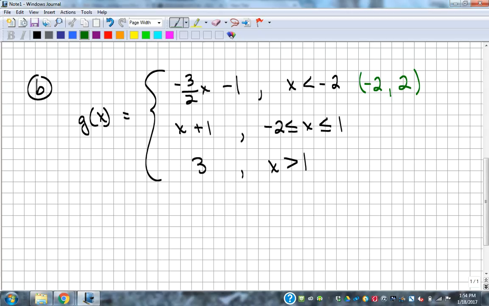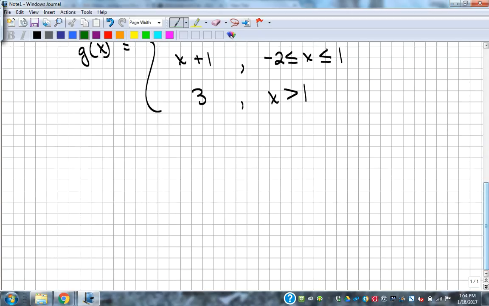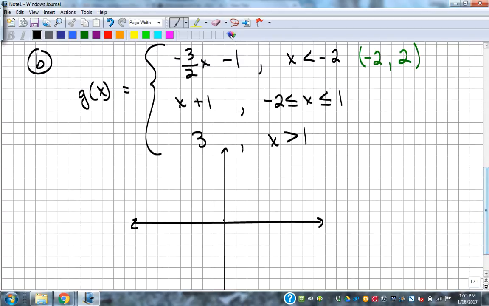So when I go to graph that, I'll make sure I leave myself enough room here. I'm going to go to that point, negative 2, positive 2. I'm going to put an open circle. Now, how do I go from there?